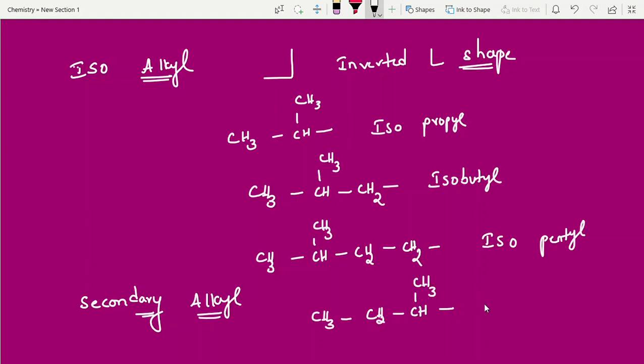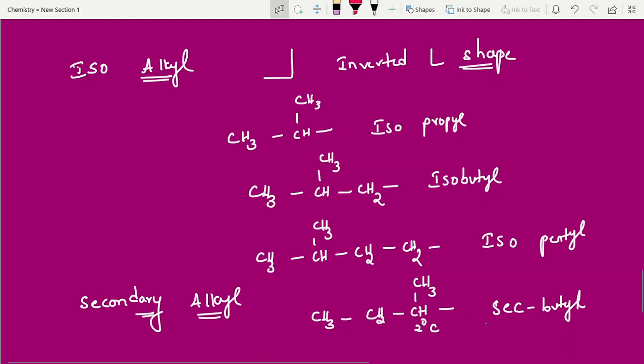This is secondary butyl. Secondary carbon having this group, secondary butyl. This is secondary carbon: here one carbon, here another carbon, this is linkage, and another carbon. Secondary carbon with this butyl linkage, that is secondary butyl.